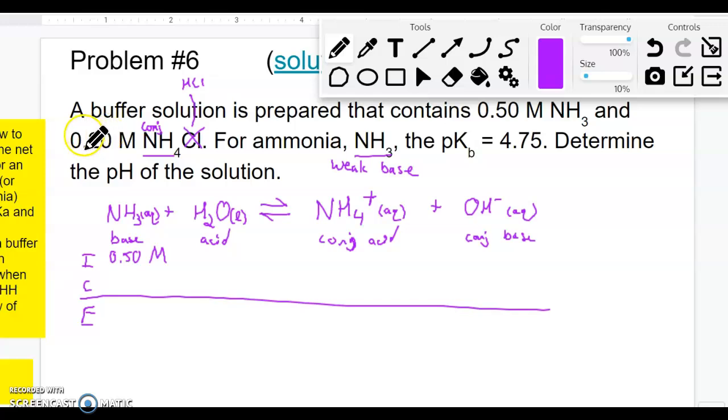Then 0.20 molar NH4Cl. This will dissociate, and the Cl part I don't have to worry about. I can say that the 0.2 molar is the same for NH4 and for the Cl, and we don't have to worry about the Cl. So 0.20 molar NH4. The H2O liquid, we don't have to worry about.